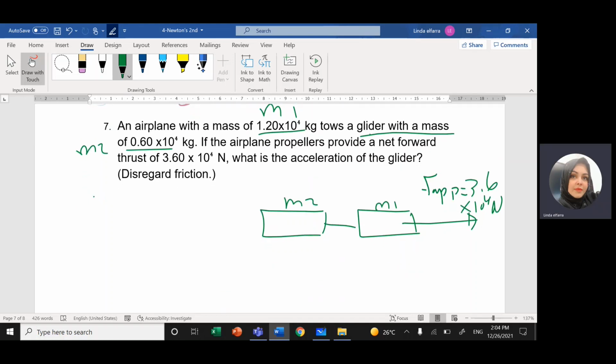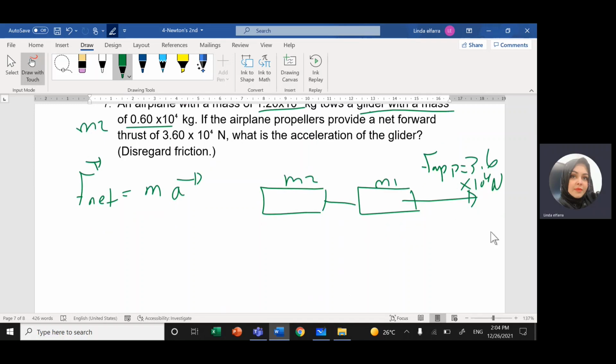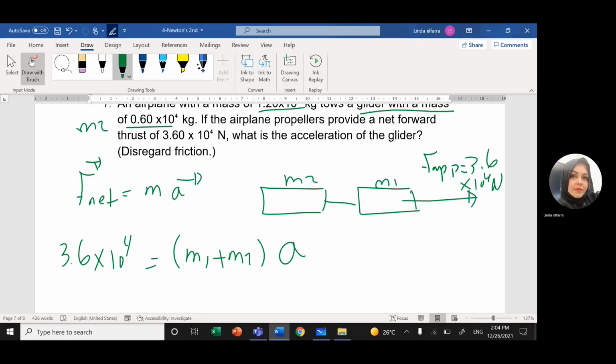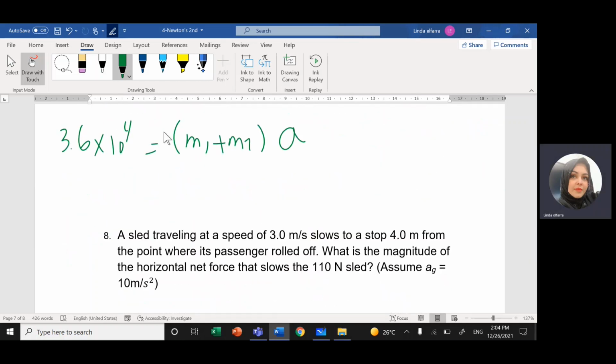So Newton's second law, F net equals mass times acceleration. F net is the applied force, which is 3.6 times 10 to the power 4, equals mass. I have two masses, so I have M1 plus M2. Both of them are going to move with the same acceleration. Now I can find the acceleration.